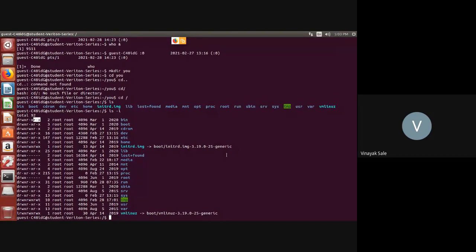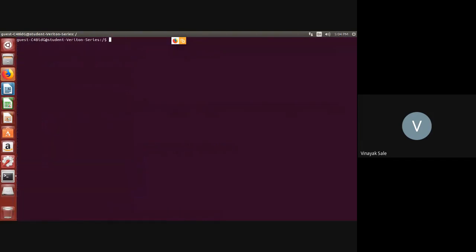Then we have seen the date command. I clear this. Suppose I have written date.